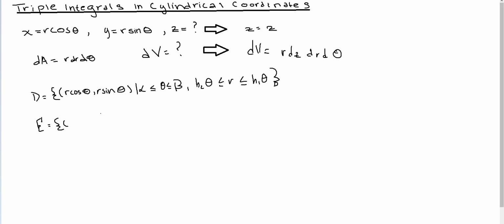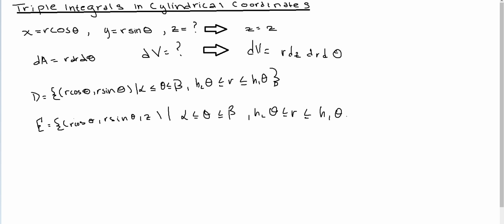All we're doing here is saying that r cosine theta, r sine theta, z, with alpha less than theta less than beta, h2 of theta less than r less than h1 of theta, and u1 of r cosine theta, r sine theta, which is just essentially saying that u is a function, our z function, is less than z, and so on.